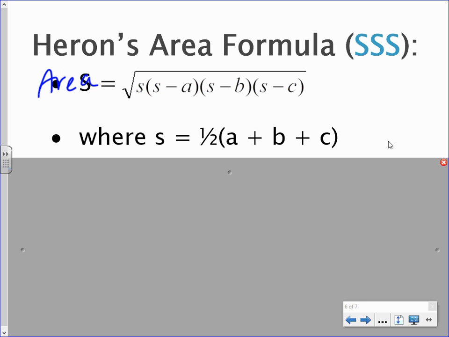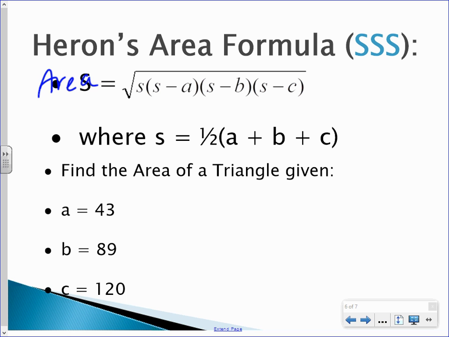Okay? So we're going to do one example, and then I'll send you on your way. My one example is when our triangle has sides of 43, 89, and 120. Okay, so we're given all three sides.